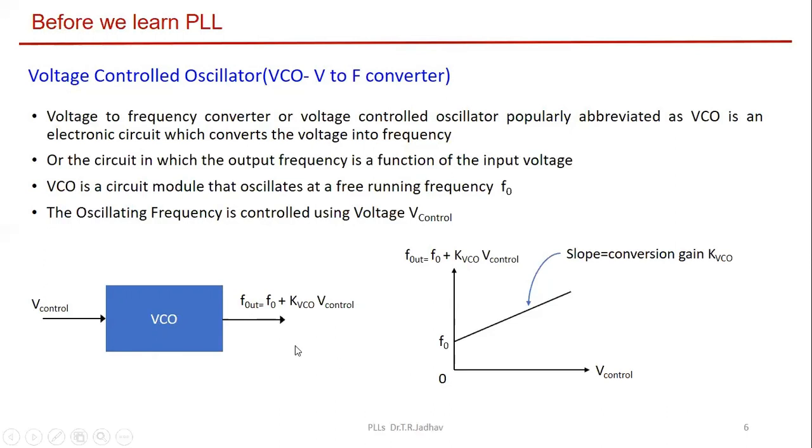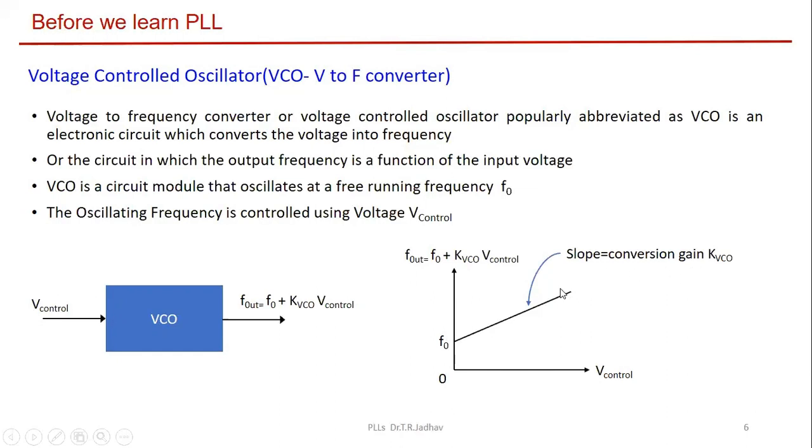Is that clear? So as you see in these characteristics, at 0 control voltage you have output frequency F0, and later as control voltage increases, the output frequency also linearly increases.